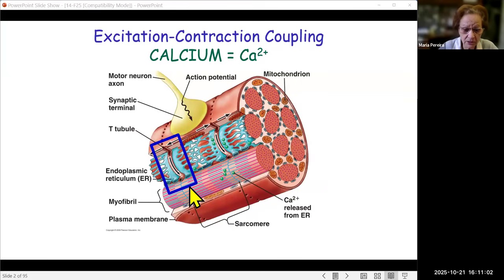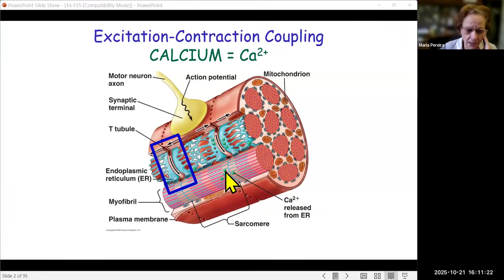And remember that on the myofibril, on the actin filaments, now I'm going to explain this more slowly, but I just want to give an overview now. Yes, plus 30. It goes from minus 90 to plus 30 millivolts.